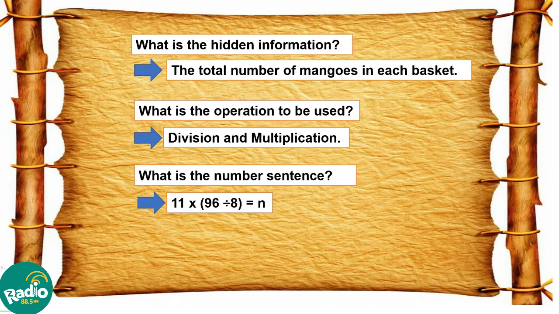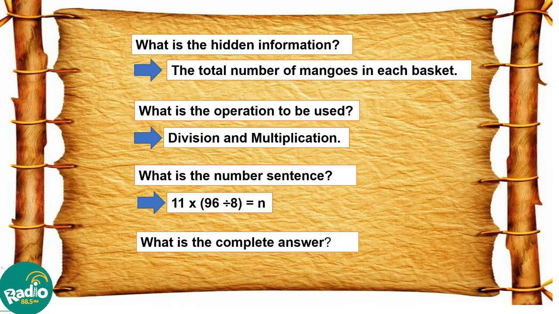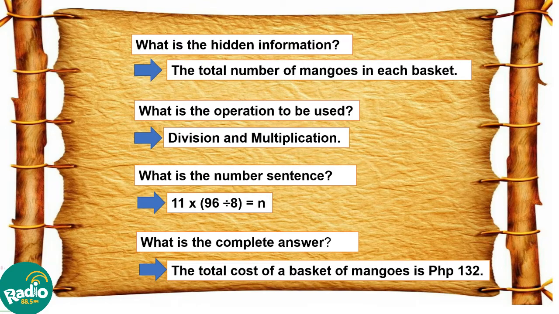And now, solve for the answer and perform the given operation. Finally, what is the complete answer? Excellent! The total cost of a basket of mangoes is 132 pesos. Very good, learners.